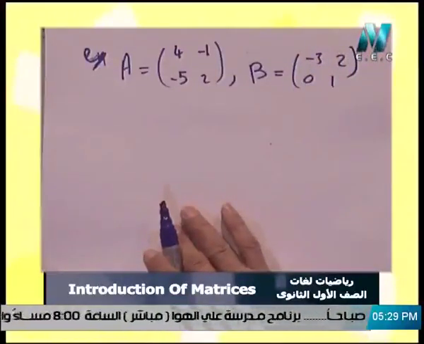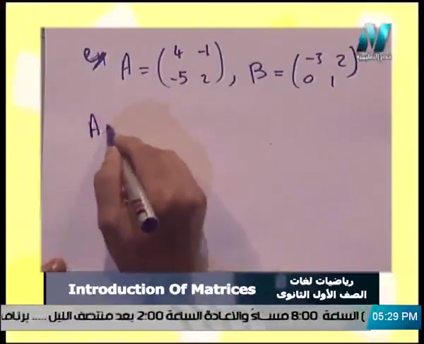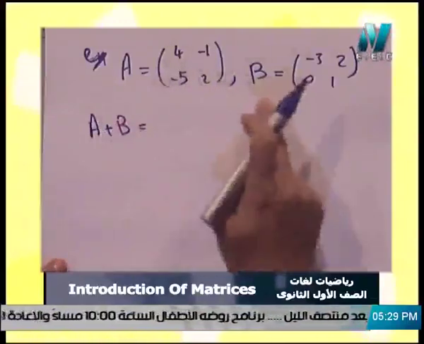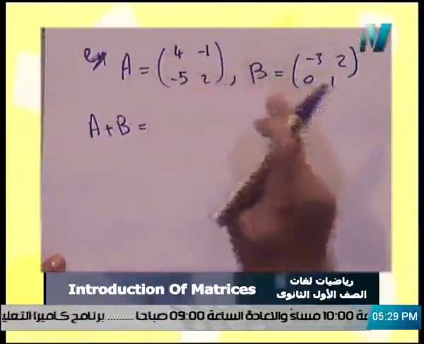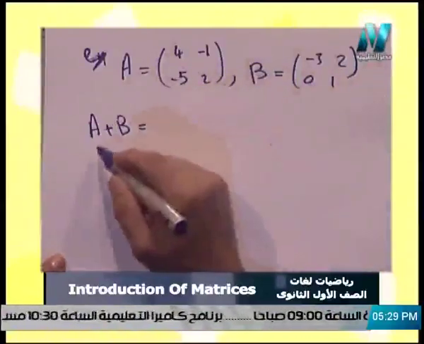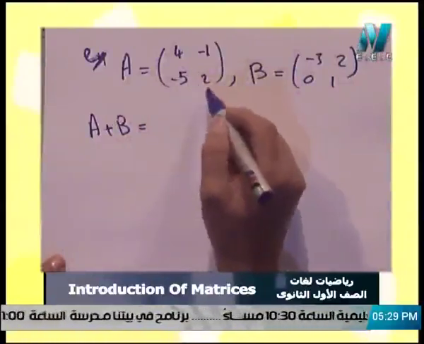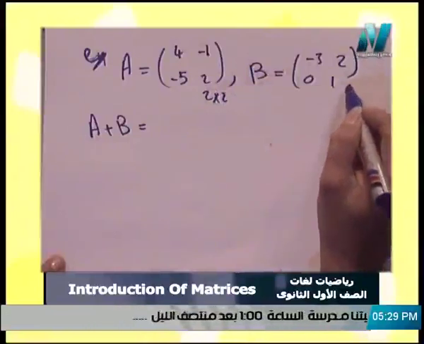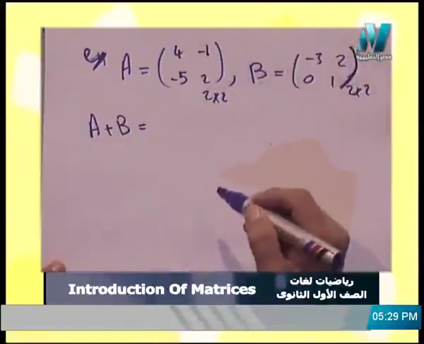Okay, and we would like to find A plus B. A plus B means the addition of 2 matrices. Now they must have the same order to add them. The order of the first matrix here is 2 by 2. The order of the second is 2 by 2 also, so they have the same order.